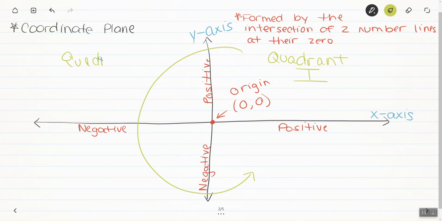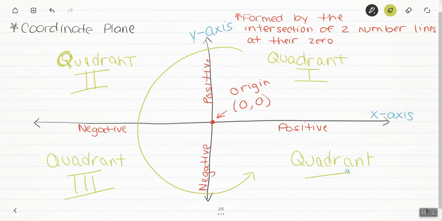Quadrant 2, quadrant 3, and quadrant 4. So those are all the main pieces of our coordinate plane. So we have the x-axis, the y-axis, the origin, and then the 4 quadrants.